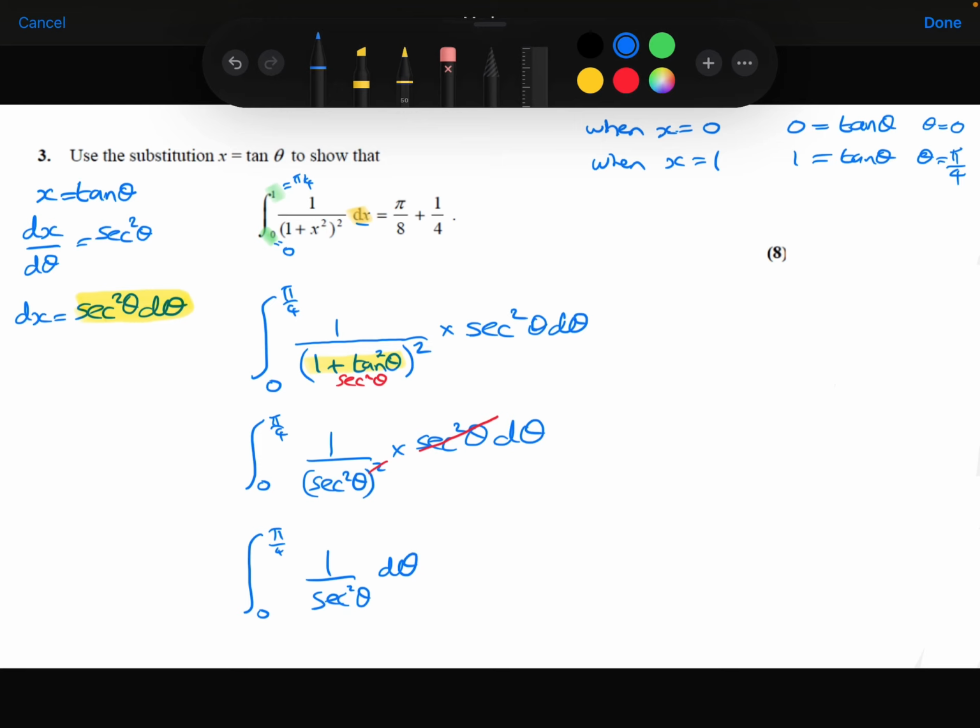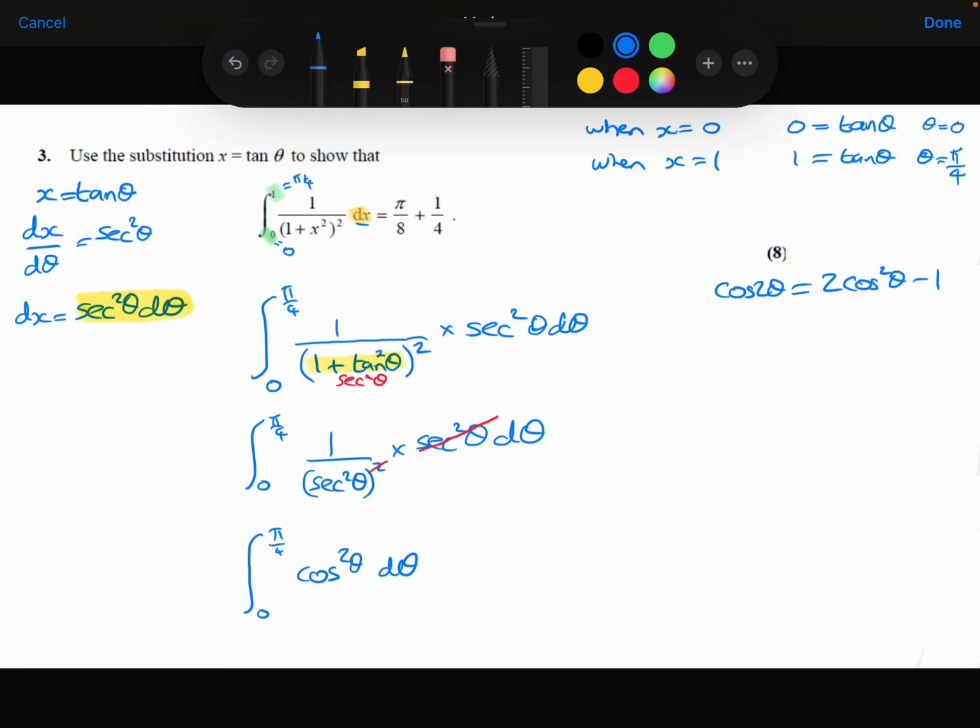Now I know that sec squared is the same thing as 1 over cos squared. So this 1 over sec squared can be replaced with simply cos squared. Right, in order to integrate cos squared, I know that I need to use the cos double angle to do this. I know that cos 2 theta is the same thing as 2 cos squared theta minus 1.